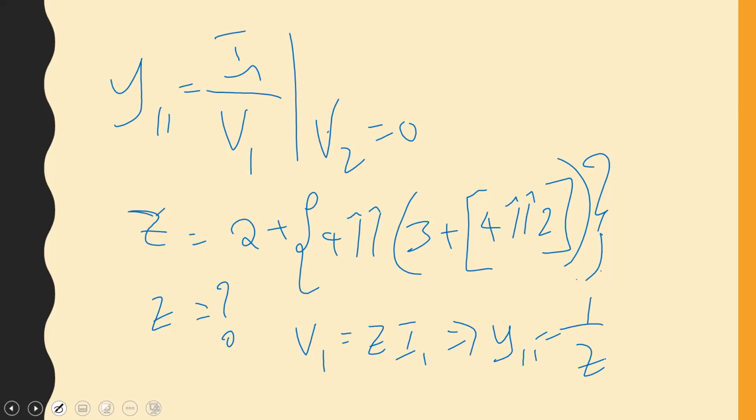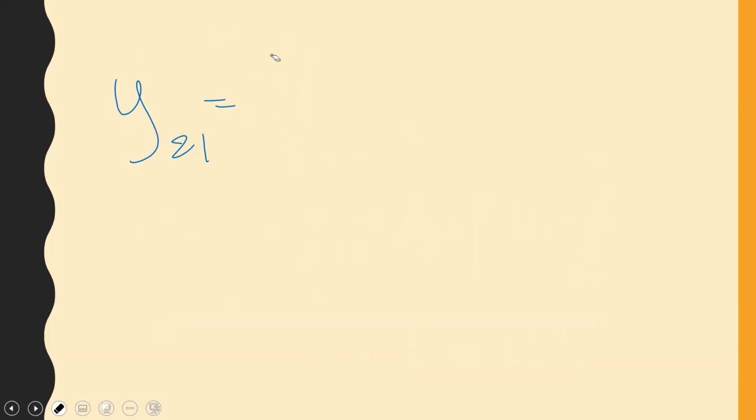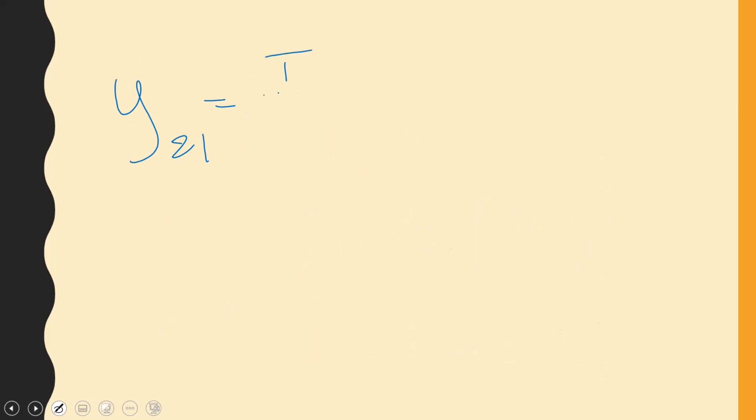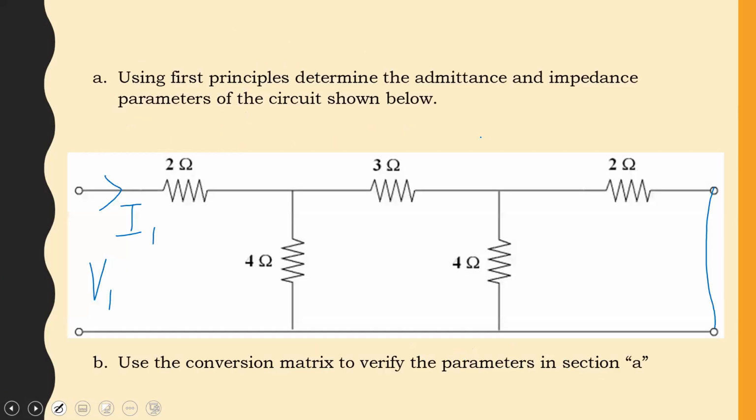For Y21, I2 over V1 with V2 being equal to 0. All right? You go back to your circuit. You know that I2 would be the current flowing here.